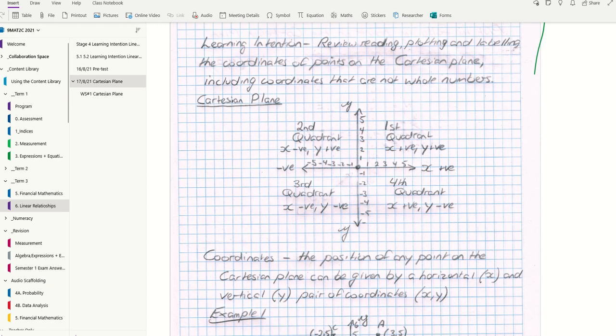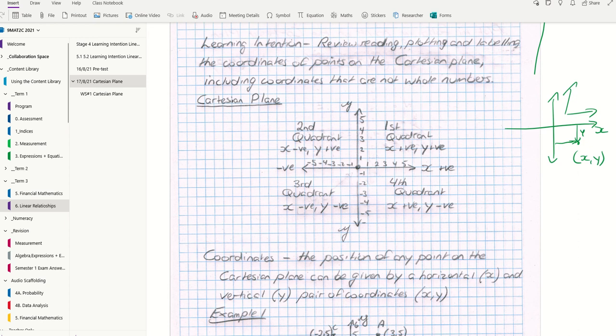Now the Cartesian plane, remember, it is a way of graphing, gridding any point. We have our horizontal axis and we have a vertical axis. If we have a point here, we can list any point with the x and the y. The x is the horizontal, and y is the vertical.